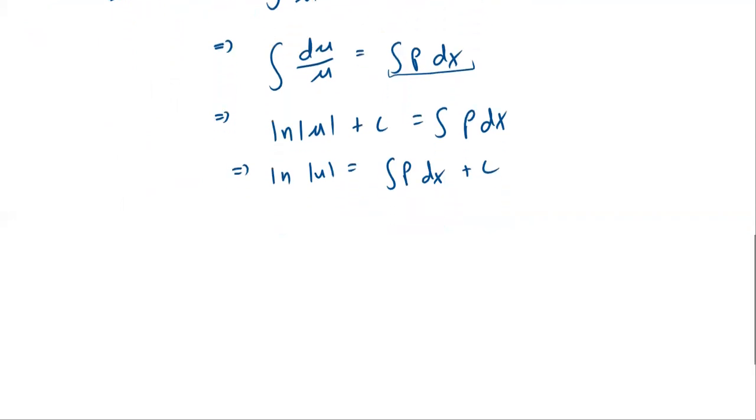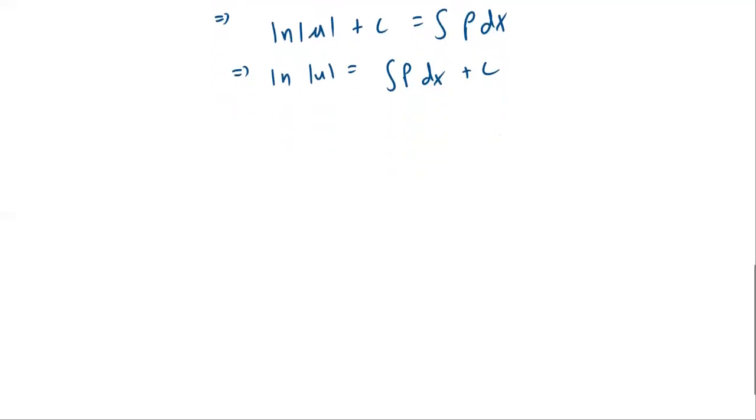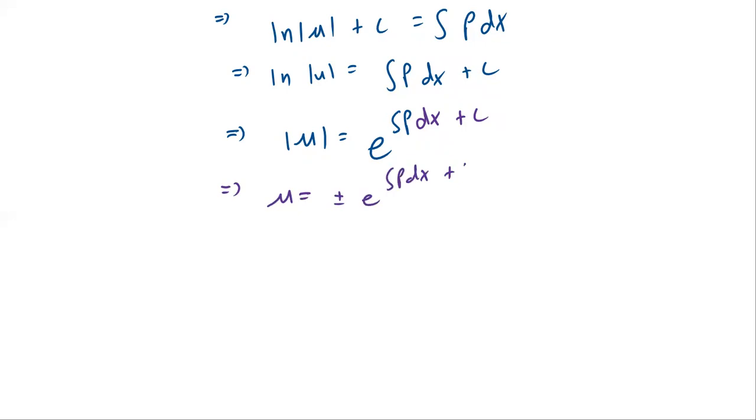Now we want to get rid of the natural log, so we take the exponential of both sides. Now we can get rid of the absolute value by writing plus or minus. So this equals plus or minus e to the integral of p dx plus c.